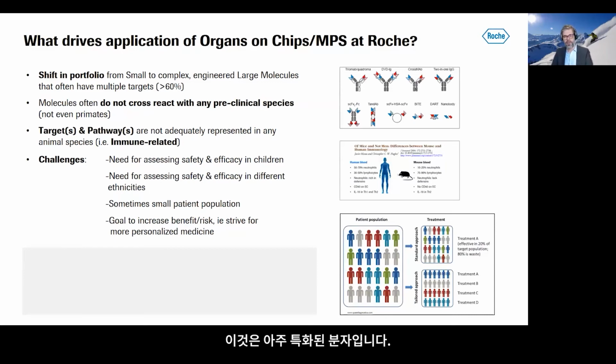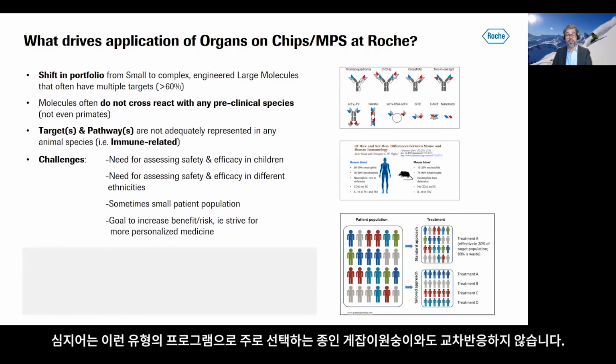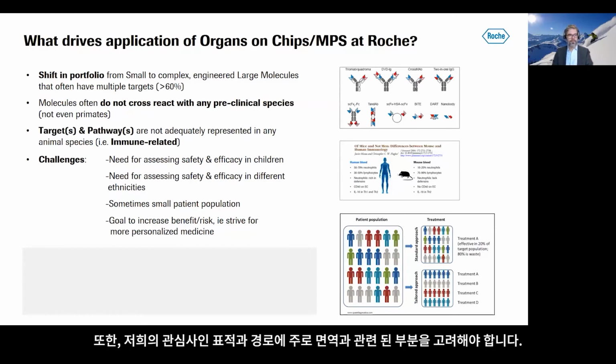So these are very specialized molecules. They very often do not cross-react with any preclinical species, not even cynomolgus monkeys, which are typically the species of choice for these types of programs. Furthermore, the targets and the pathways which we are typically interested in very often have an immune aspect.